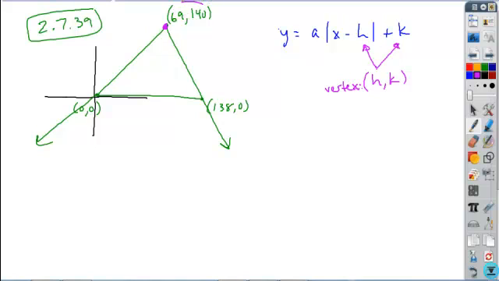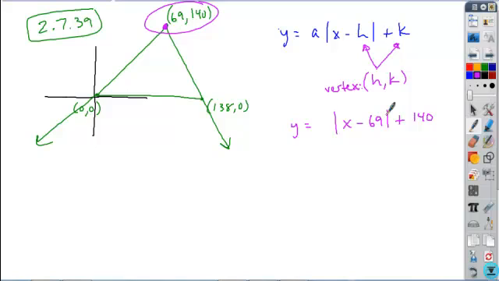The highest point right here. So your h value is 69, your k value is 140. So even without having to think through anything, you get this portion of your equation done: x minus our h value 69, plus our k value 140. You should have at least that much of it completed.